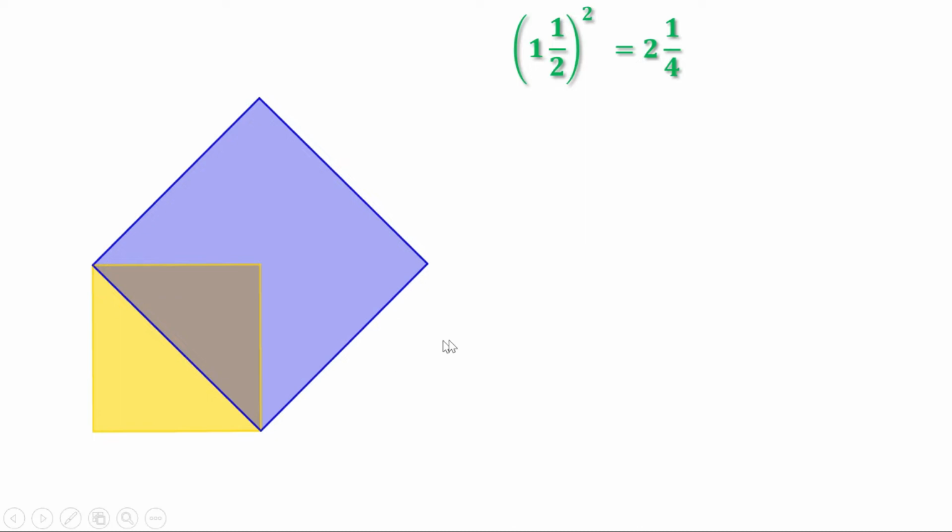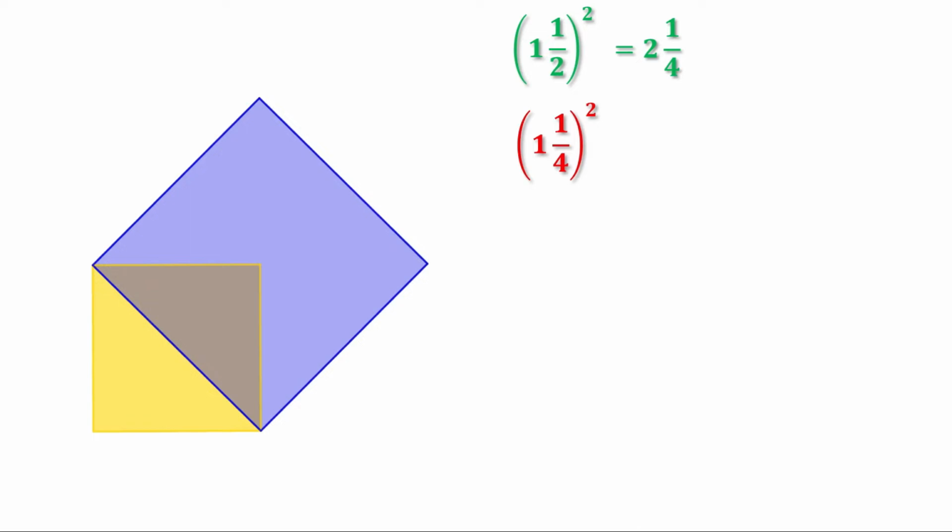Now let us take 1 1 by 4 and check. If the side of this square is 1 1 by 4, its square must be equal to 2. What is the square of 1 1 by 4? 1 1 by 4 means 1 plus 1 by 4. We know (a plus b) whole square is a square plus 2ab plus b square.